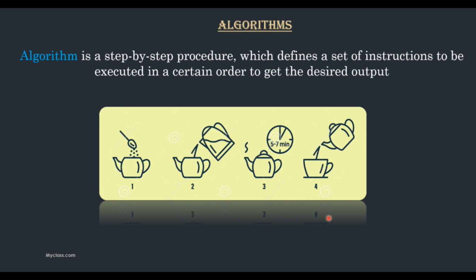Let's take an example: making a cup of tea. When we want to make tea, it contains lots of steps, and we can follow different styles for boiling the water: by using a kettle, a gas stove, or a traditional wooden stove, etc. The choice of process will decide how much time it will take to make the tea.